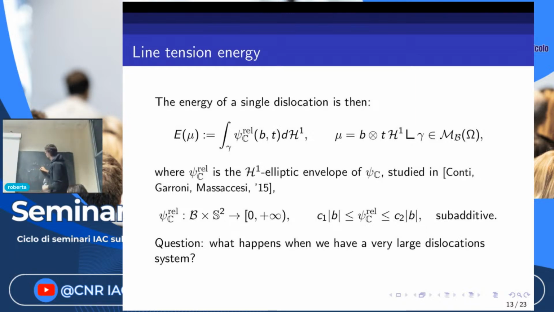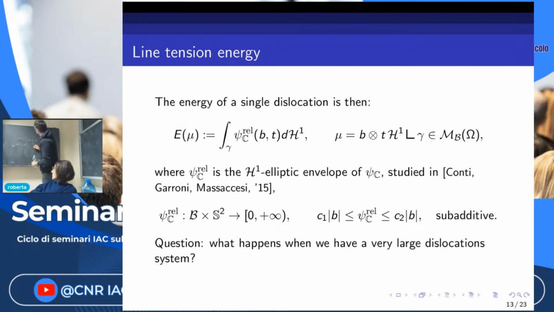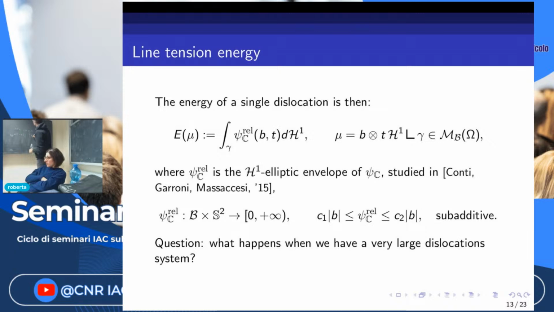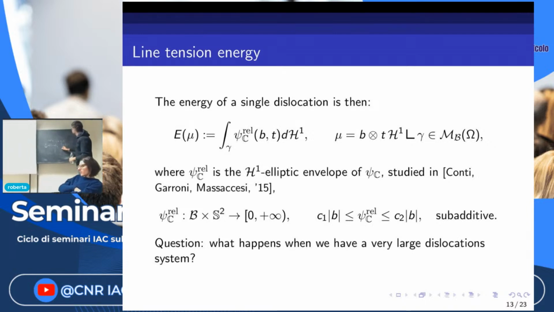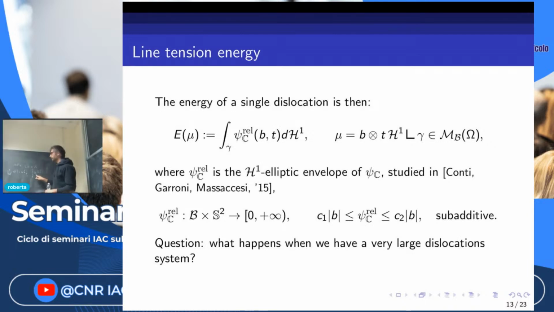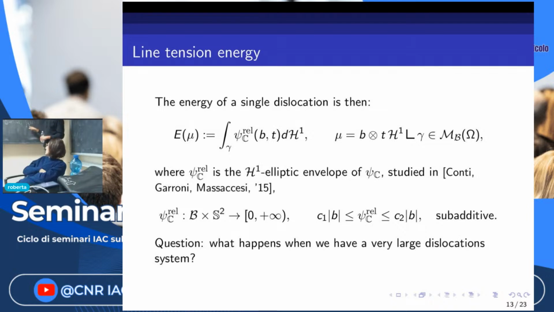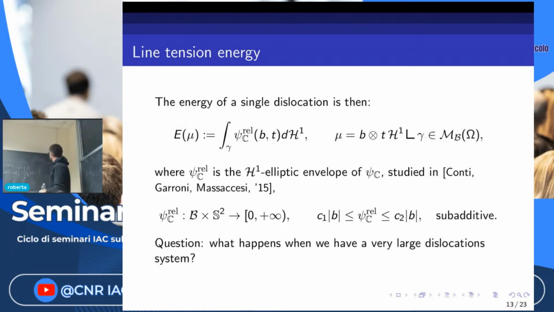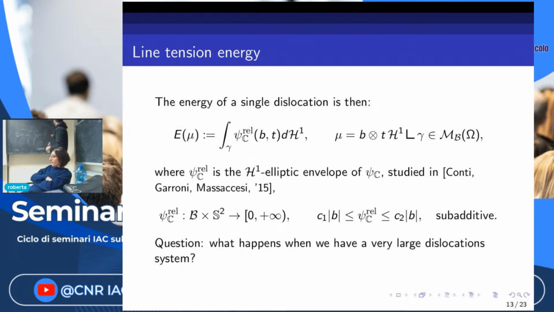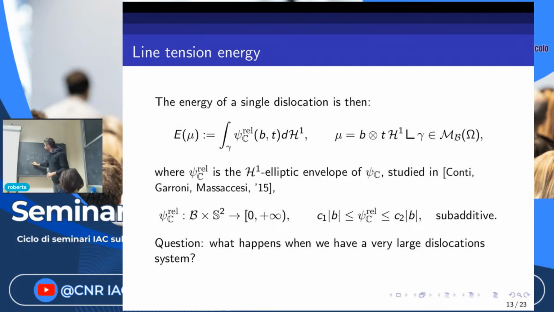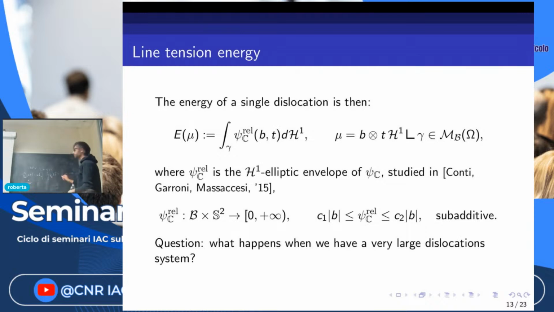It is the infimum of the unrelaxed energy, taken over all the dislocations that agree with the straight one, with Burgers vector B and direction T, outside a ball.